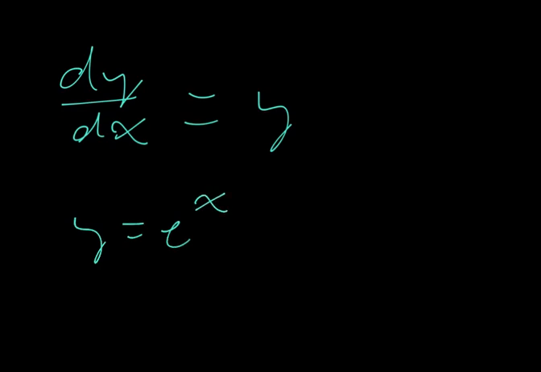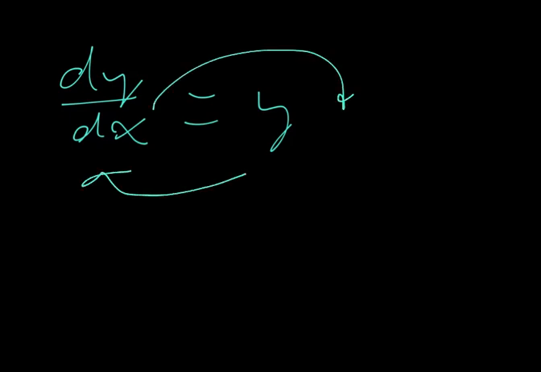Let's say we just want to try and use separation of variables to solve this equation. So we'll go ahead and get rid of this. And now we're going to apply the same process as we did with the last problem. So what we're going to do is move the y to the other side, and we're going to move this dx over here. So doing that, we'll get 1 over y times dy is equal to dx.